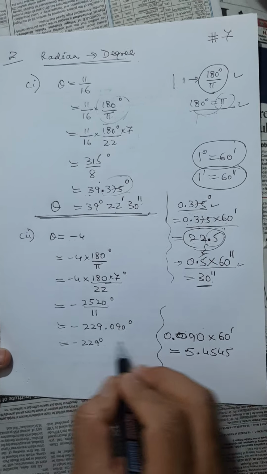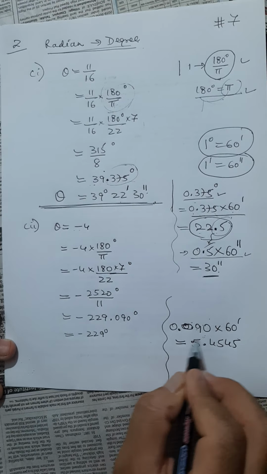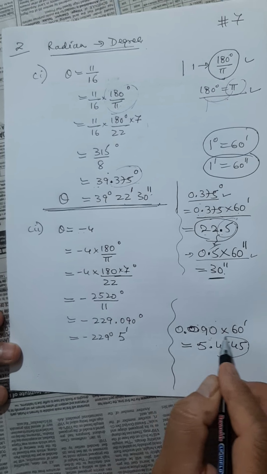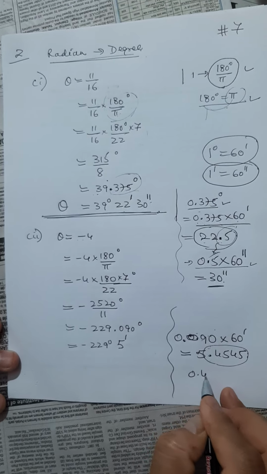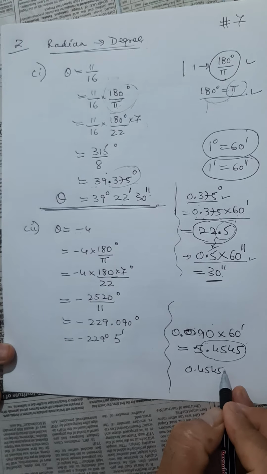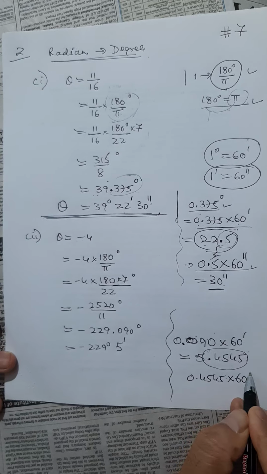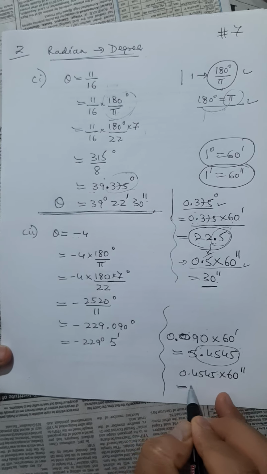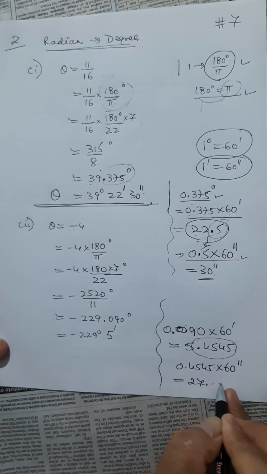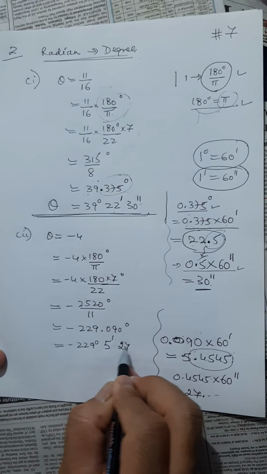So I'll get 5 minutes here. Now again this much, that is 0.4545. This is in minutes. I want to convert into seconds, again into 60. So if you do this, you will get roughly 27 point something. So this is 27 seconds.